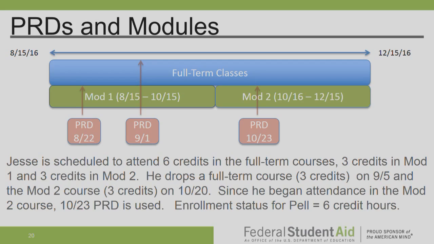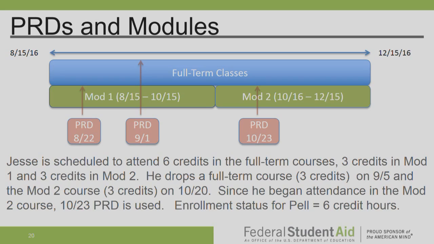But hold on, right? He drops a full-term course, 3 credit hours, on 9/5. Do you see where that occurs? On September the 5th, okay? And the Mod 2 course on 10/20. So notice what he did. He continued enrollment all the way through, began attendance in Module 2, but withdrew from Module 2 on 10/20.